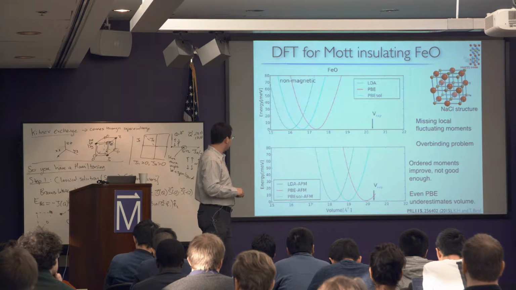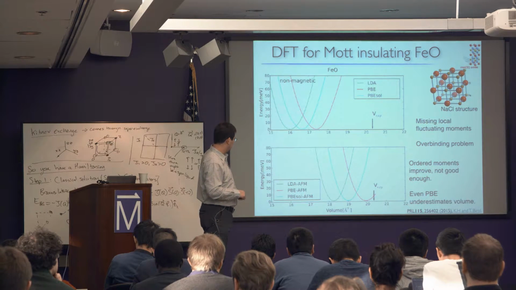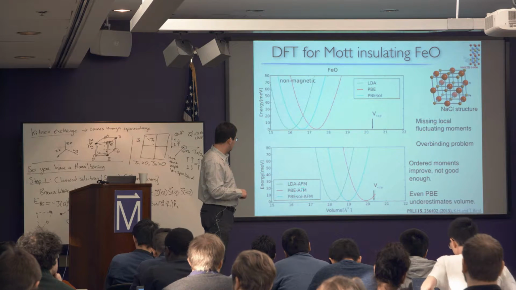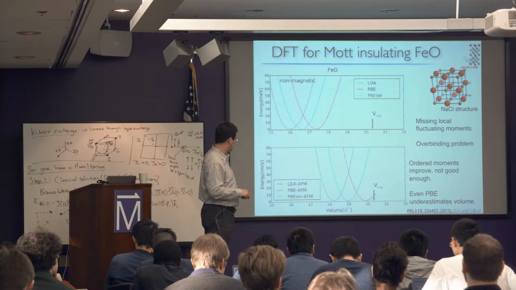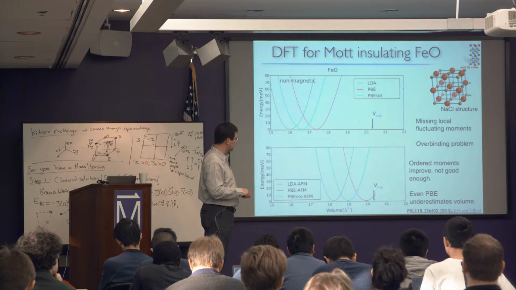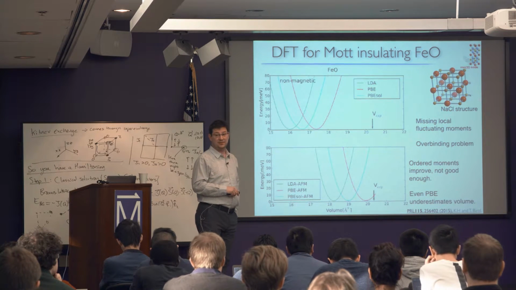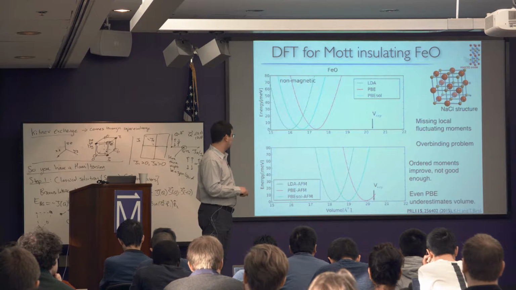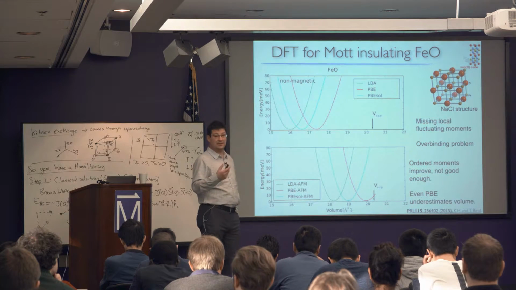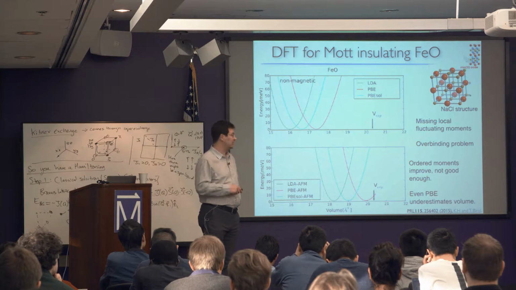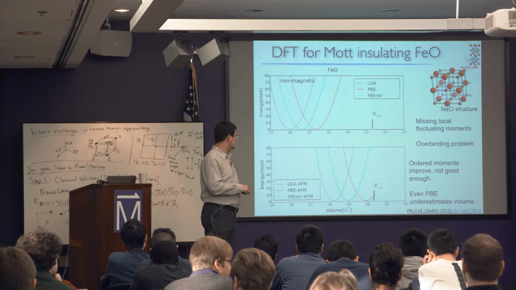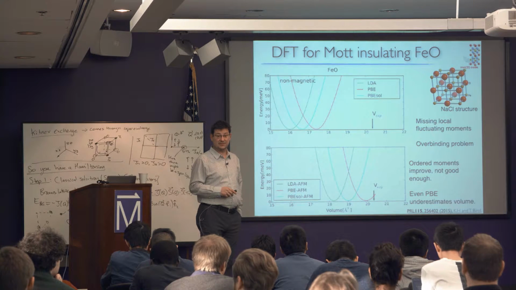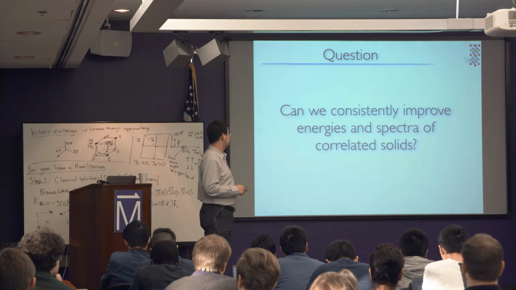Then, if you do this calculation in the antiferromagnetically ordered state, it turns out that PBE actually comes somewhat close to experiment, but it's still not correct. Of course, PBE is supposed to overestimate the volume normally, but here it underestimates. So this is somewhat troublesome, isn't it? So FeO is very, very bad.